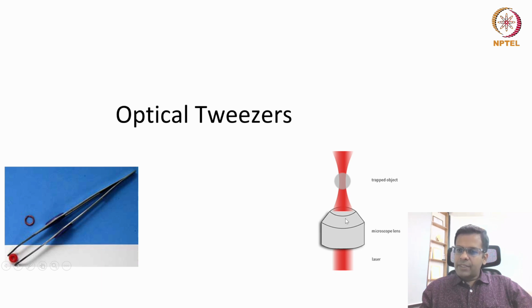Due to some physical properties imparted by the lasers, they can hold small objects, and using this laser beam you can apply certain kinds of manipulations to the trapped object. You can pull the object, push the object, or measure the forces that are being applied on the object.